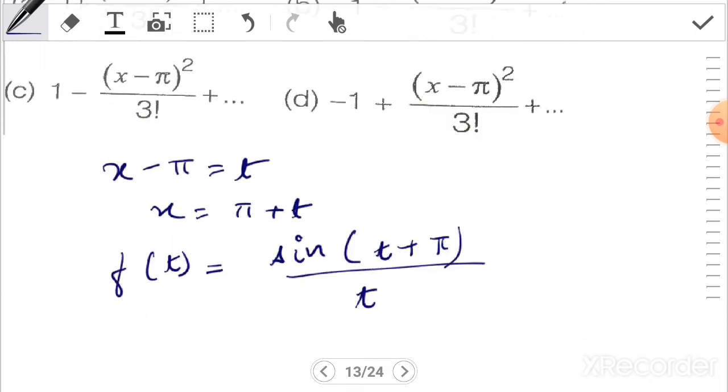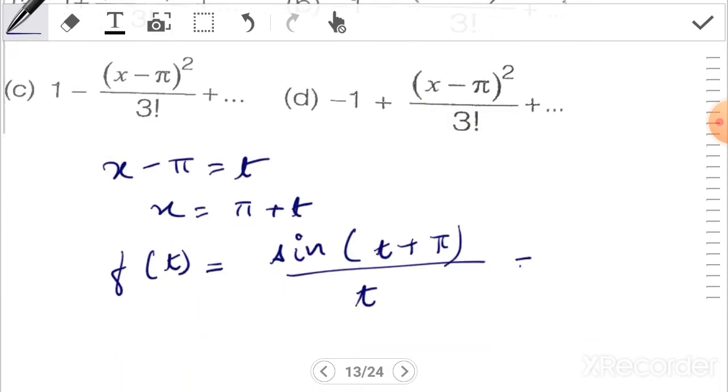We know that sine of t plus pi is minus sine t.